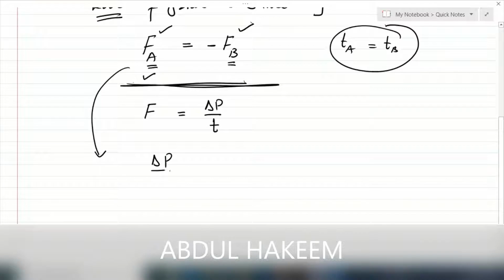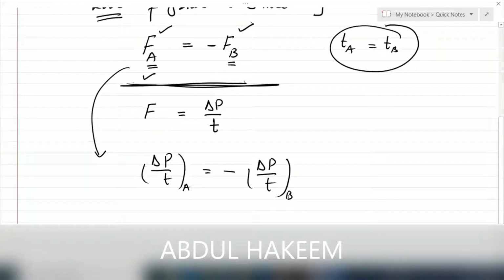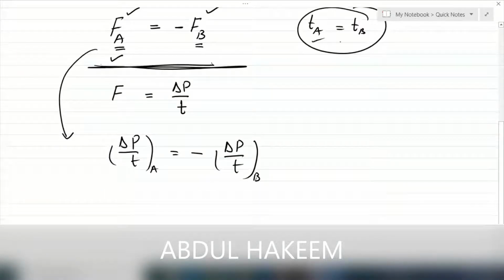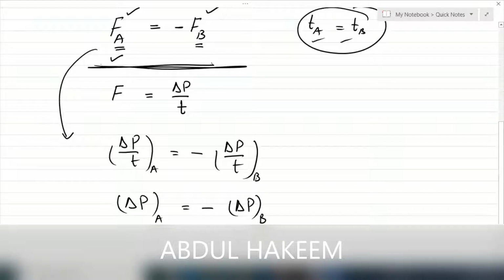Change of momentum over time of A is equal to minus change in momentum over time of B. This is only for the situation when the forces are unbalanced. Now, both times are equal, so we can cancel them. Then the change of momentum of A is equal to minus change of momentum of B. So this is another form of the formula for Newton's third law.